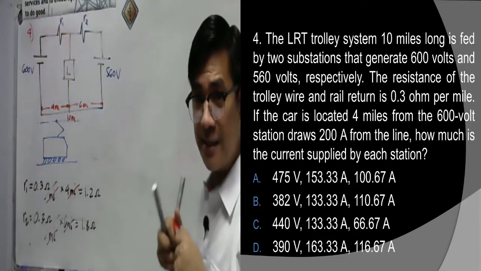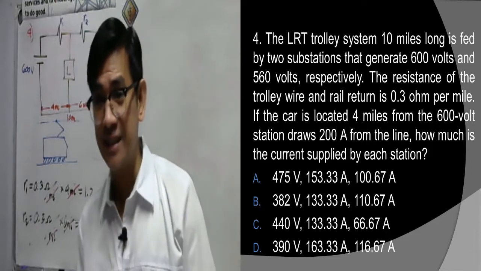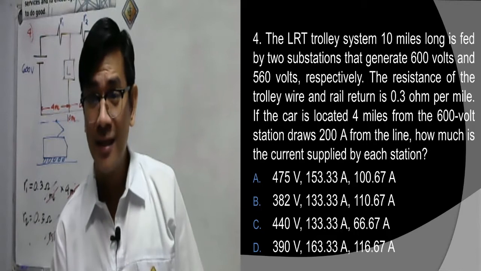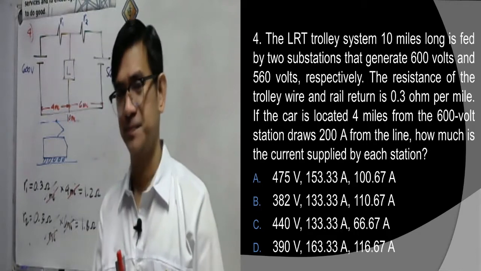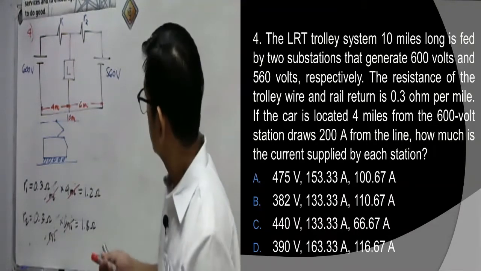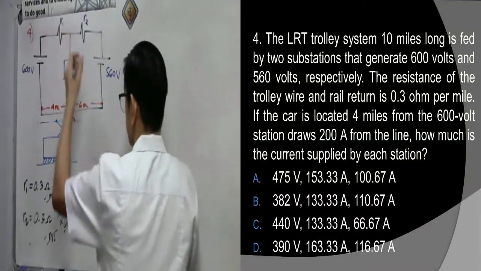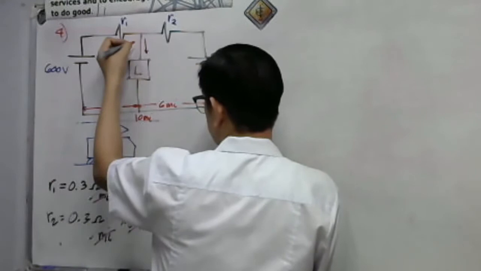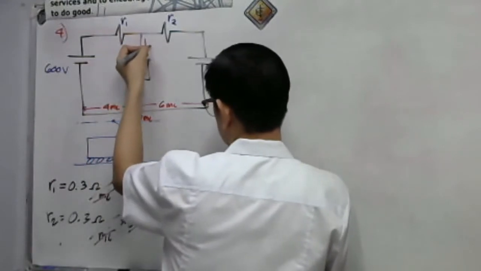If the car is located 4 miles from the 600 volts station, it draws 200 ampere from the line. Meaning, there is a 200 ampere here. This will be our load current.